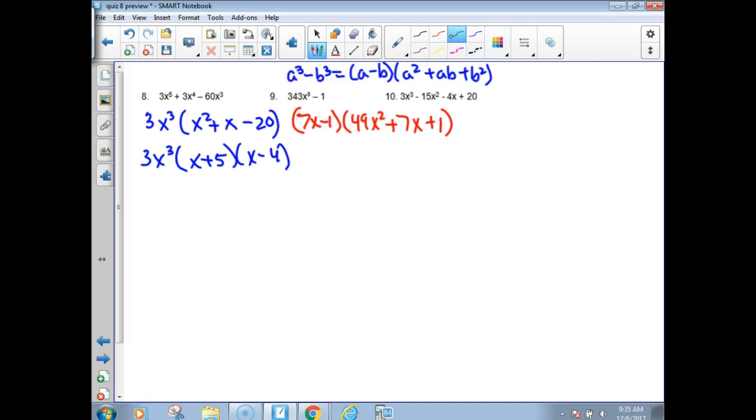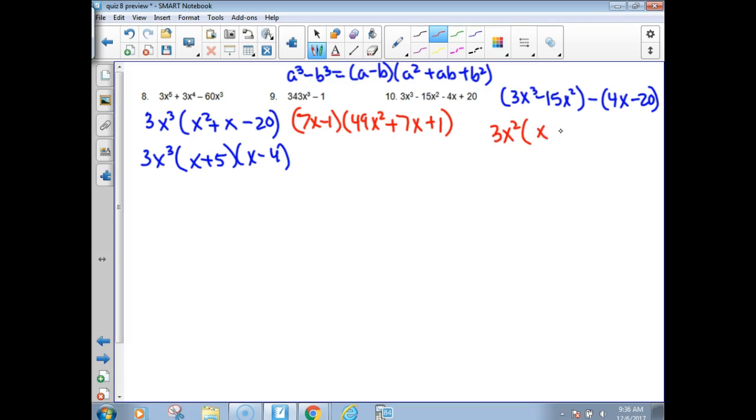The next one needs to be by grouping. 3x cubed, when you have 4 terms, you want to try grouping them. When you put in a parenthesis in front of that minus 4x, you put it after the minus sign, therefore you have changed the sign of 4x to a positive. So you got to change the sign of the 20 to negative 20 or minus 20. Then I factor out a 3x squared out of the first 2 terms.